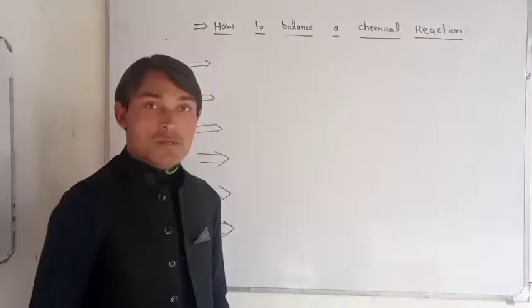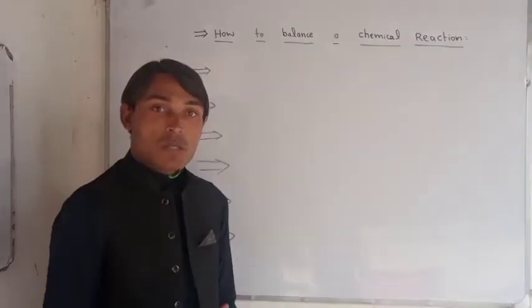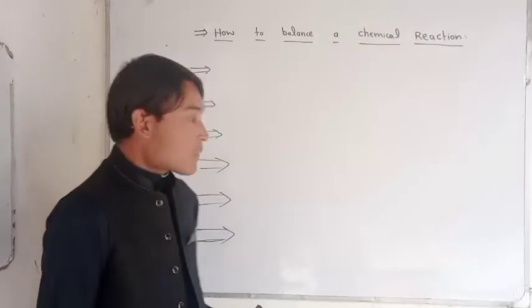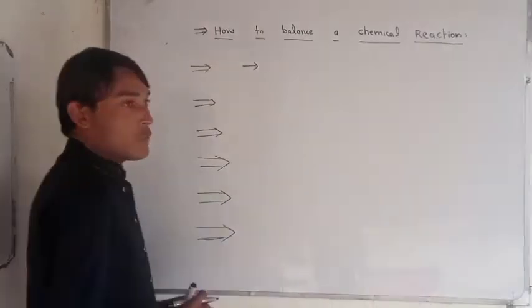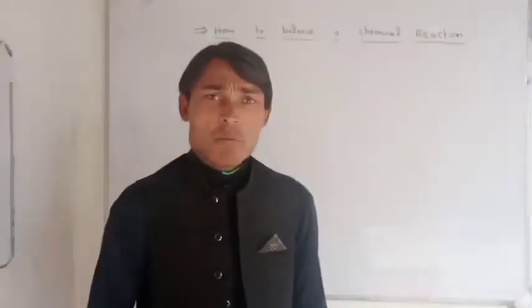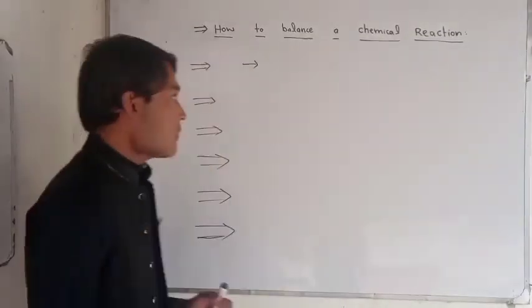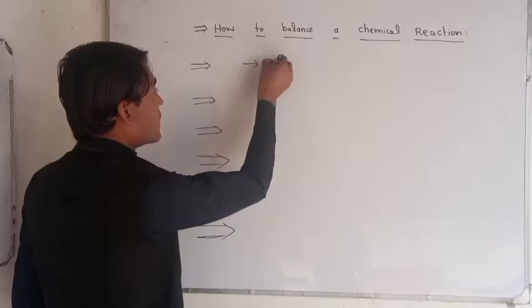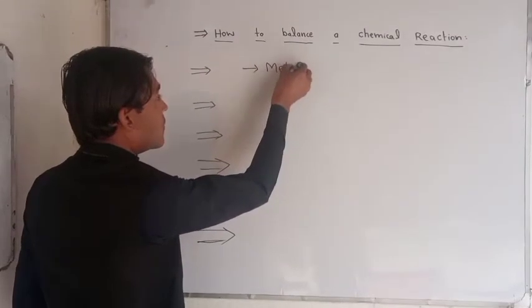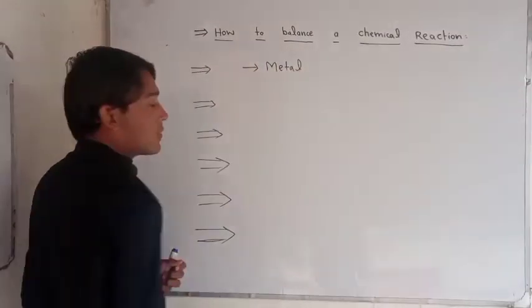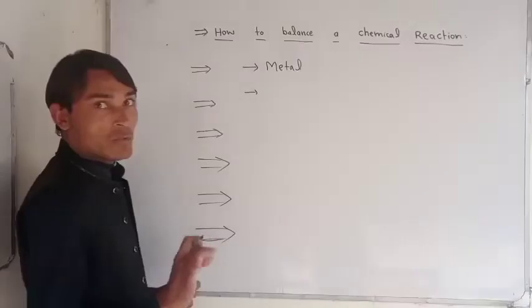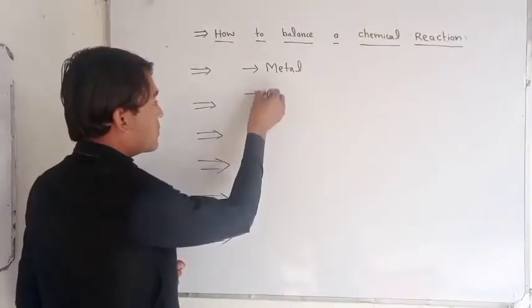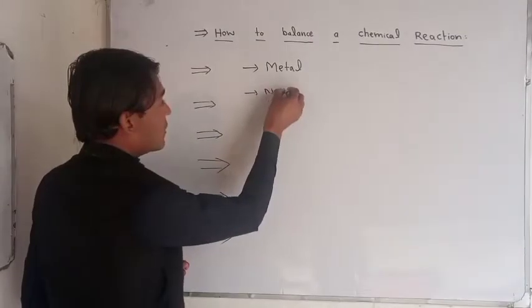What are the steps to balance a chemical reaction? The first step is that we have to balance metals first of all. Then the second step is that we have to balance non-metals.